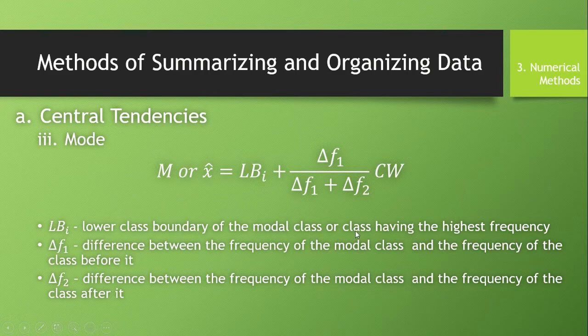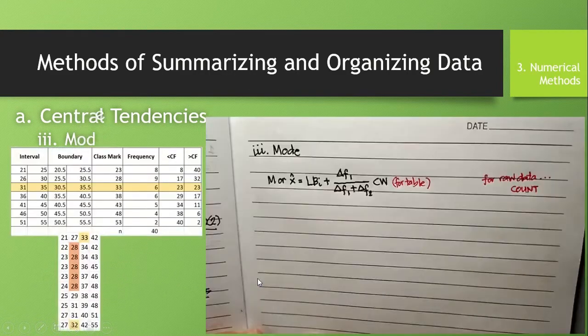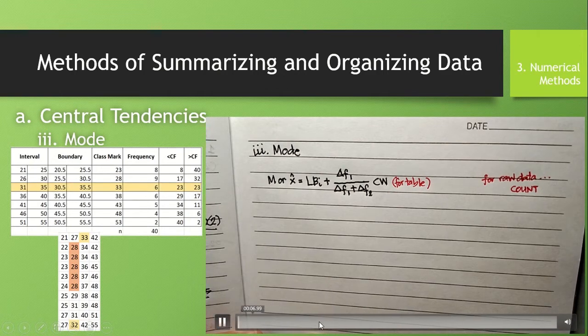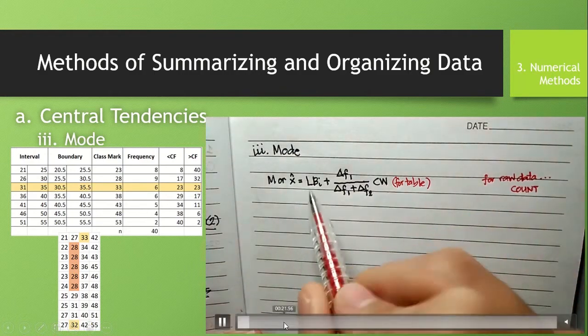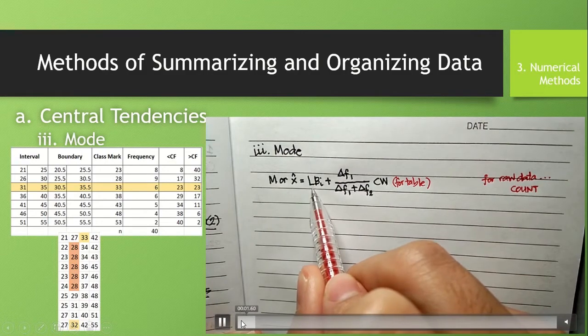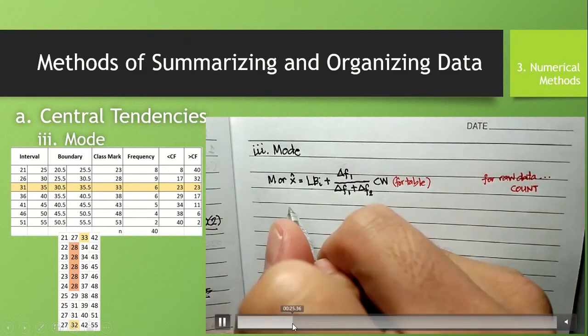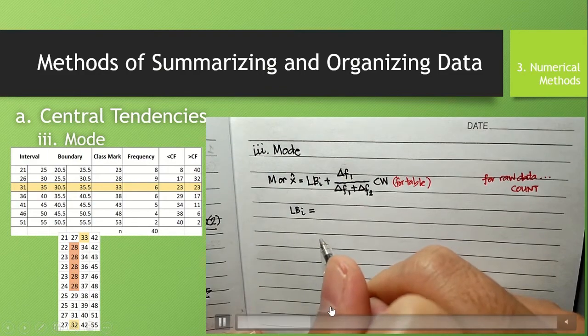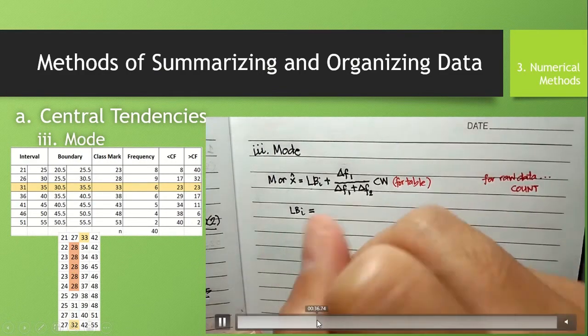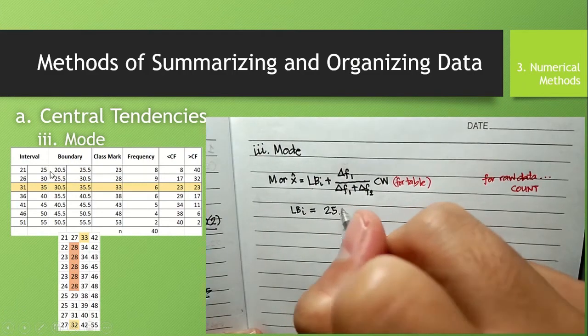Now when we say modal class, this is the class which has the highest or the largest frequency. So in our case, the class interval which has the highest frequency is the second class interval, because its frequency is equal to 9. So this will be our modal class. Therefore our lower class boundary for the modal class is equal to 25.5.